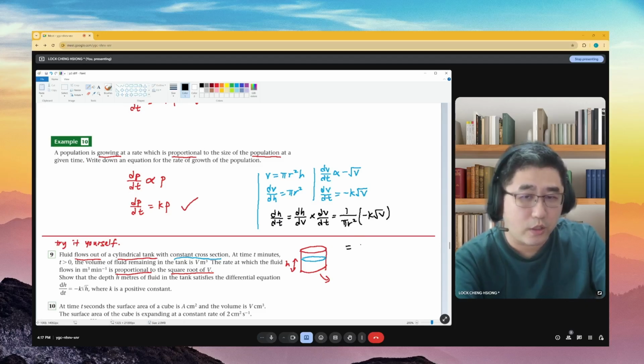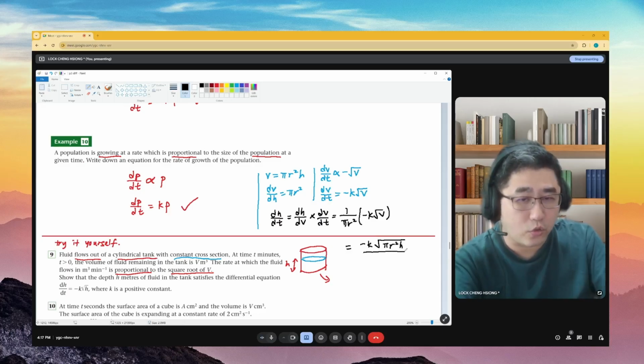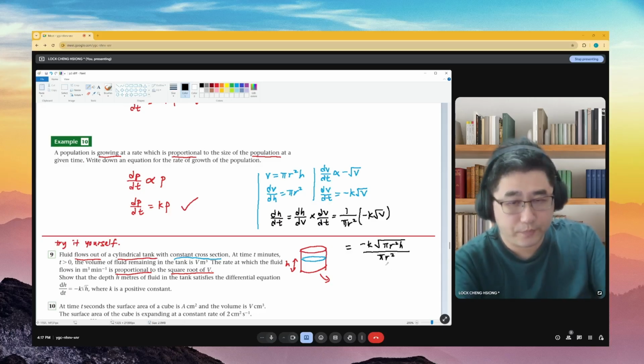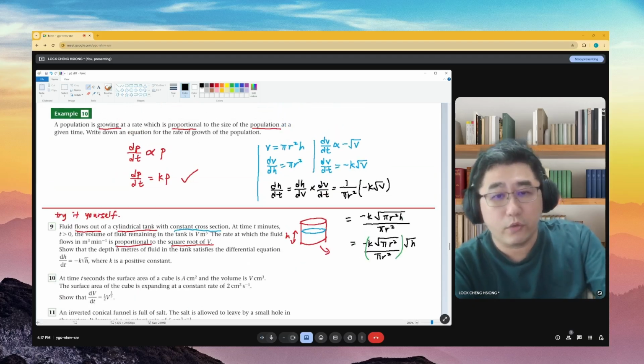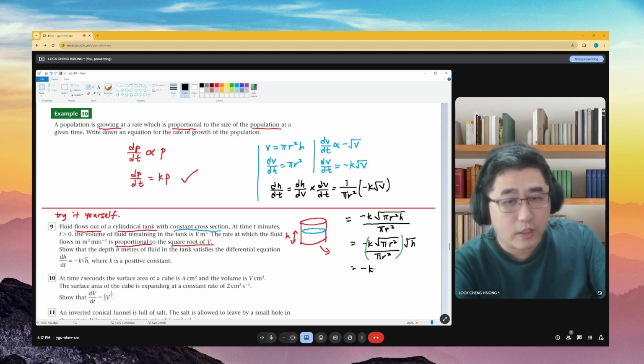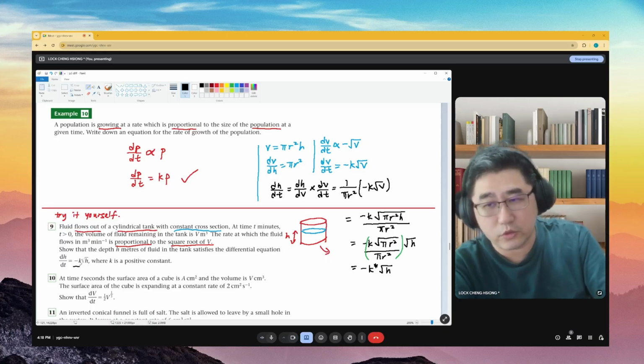So negative k square root of pi r squared h over pi r squared. Negative k times square root of pi r squared times square root h over pi r squared. You will see that this whole thing here is just a number. Therefore, you will get negative k star with square root h, which fits with what the question wants.